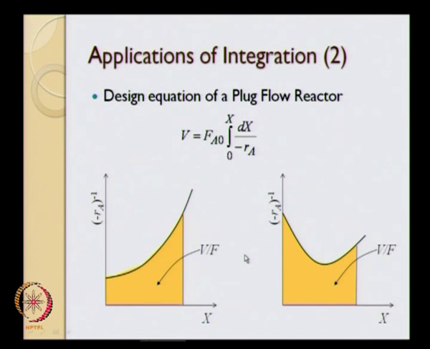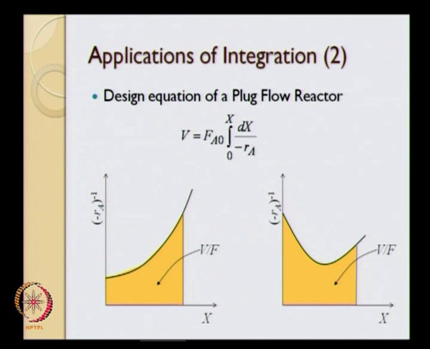Another example of integration is the design equation of a plug flow reactor. If you have done your reaction engineering course, you will recognize this design equation for the plug flow reactor, and you will also be able to recognize these Levenspiel plots in order to find out the volume of the PFR and volume of CSTRs that we are going to use.